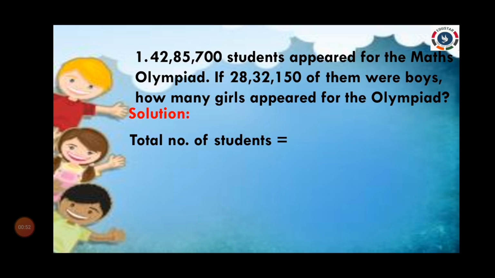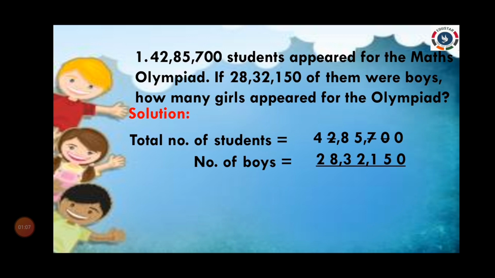The total number of students is already given. So how many students totally? 42,85,700 students. Now the number of boys we know. So how many? 28,32,150 boys. Now we are going to find the number of girls.